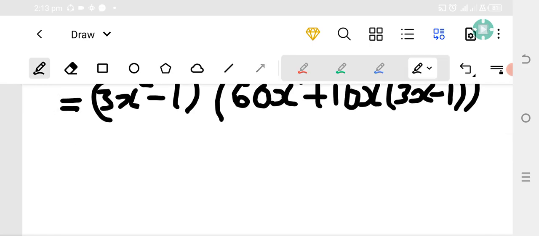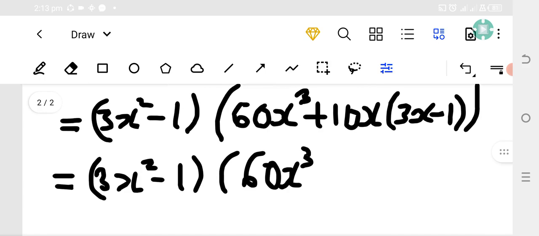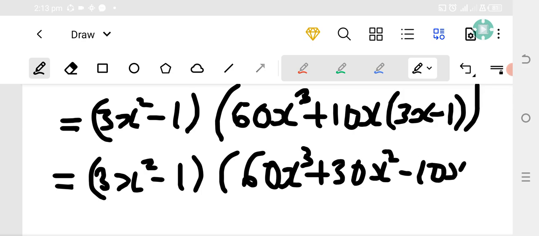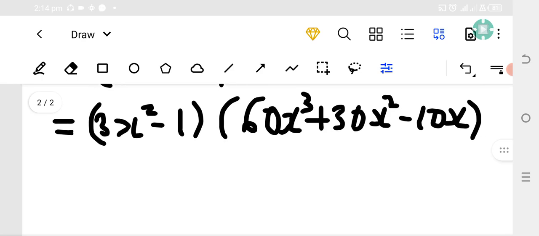Then we have (3x squared minus 1) in this bracket multiplied by 60x cubed, and then 10x multiplied by 3x squared is going to give you 30x squared, plus 30x squared minus 10x, which is 10x multiplied by negative 1. Can we simplify any further than this?